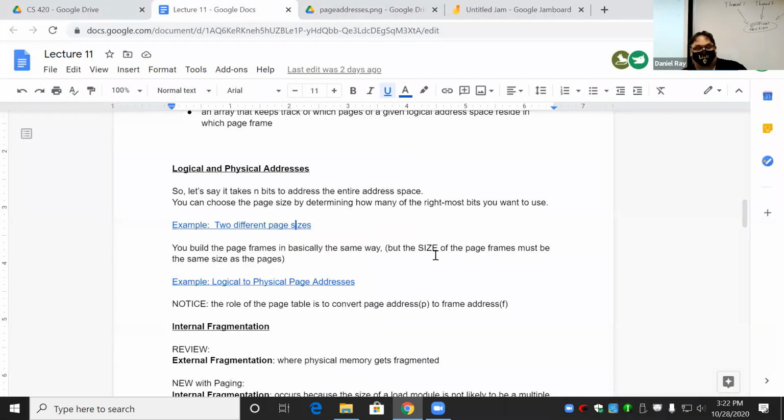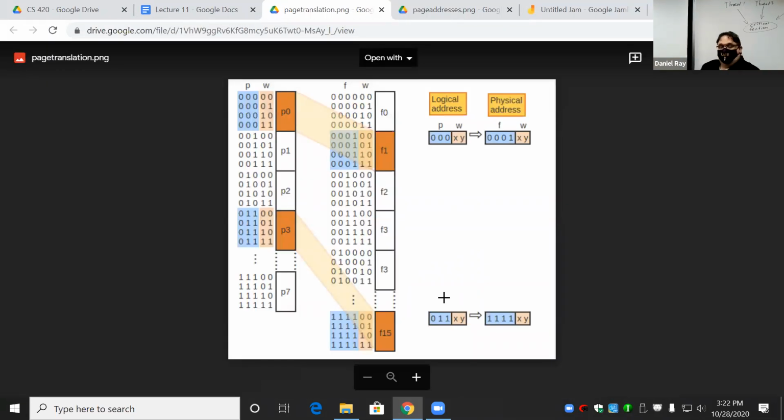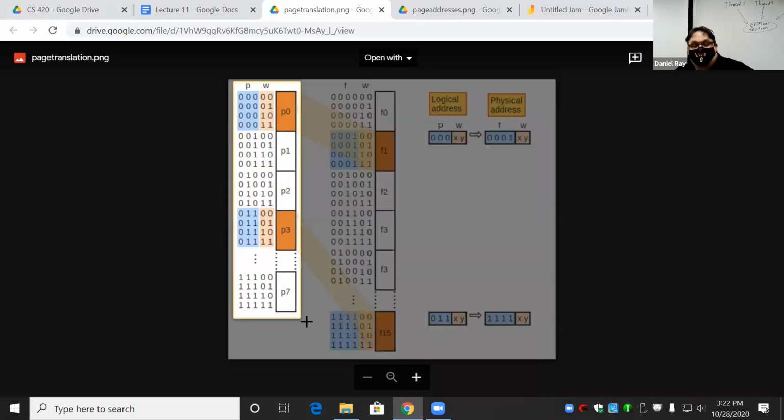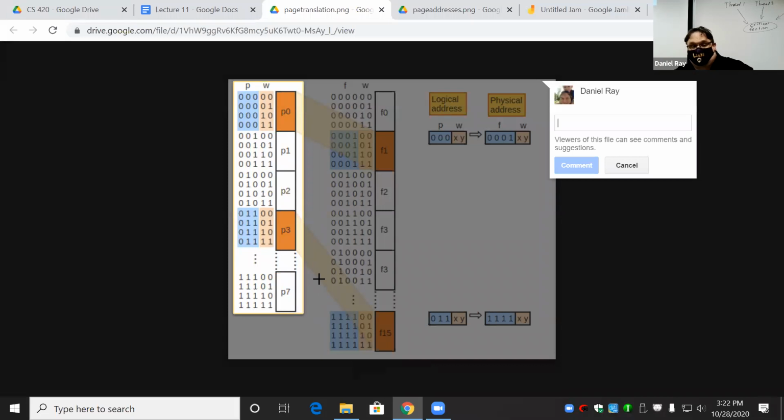So what does that have to do with page frames? Well, instead of logical memory, this chunk right here is just the second column from the last diagram we looked at.